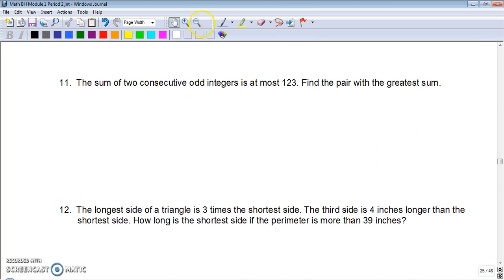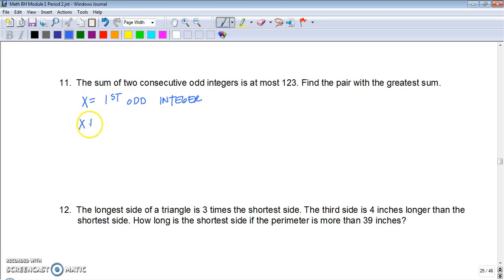Let's look at number 11. You did consecutive integer problems last year. We have 2 consecutive odd integers on this one. And so we always chose for our first odd integer x or n.